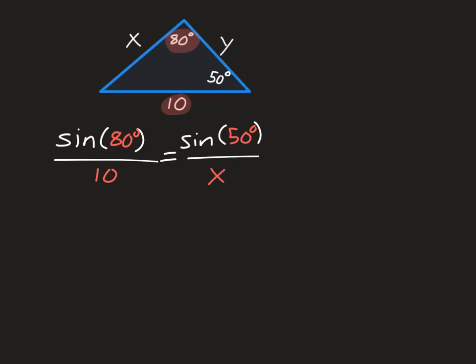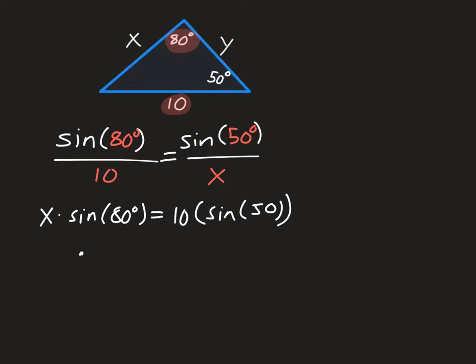All right, from here I'm going to go ahead and cross multiply. So I've got x times the sine of 80 is equal to 10 times the sine of 50. And now I'm going to run for my calculator. So the sine of 80 from my calculator says that that is 0.98.